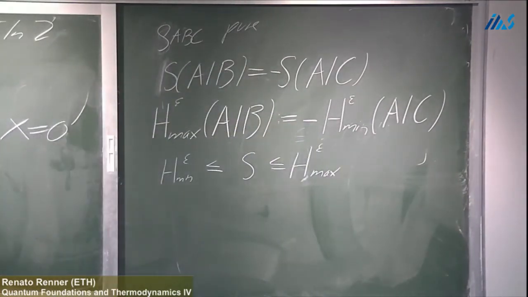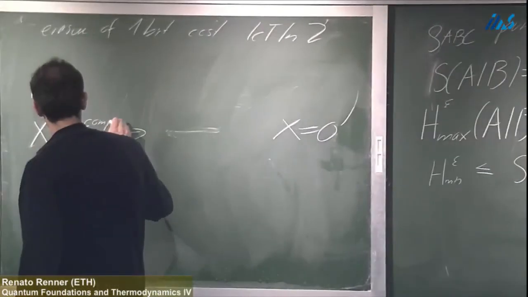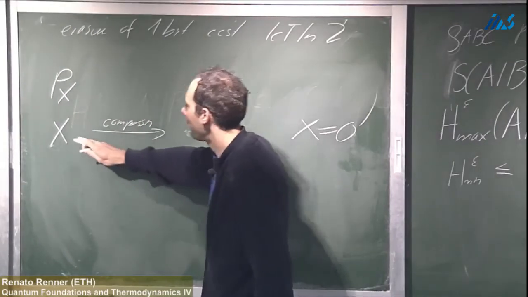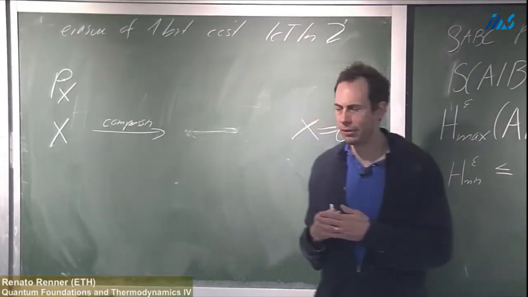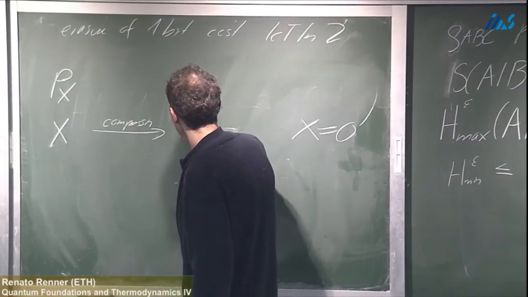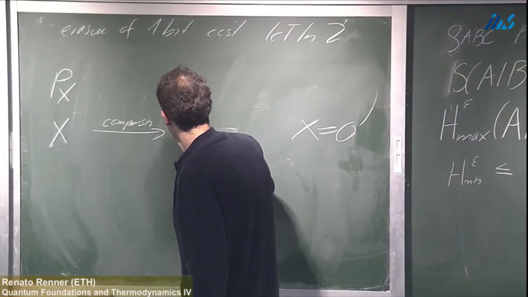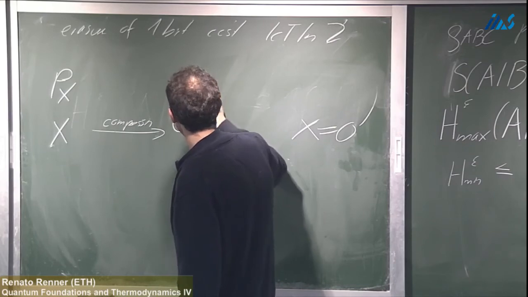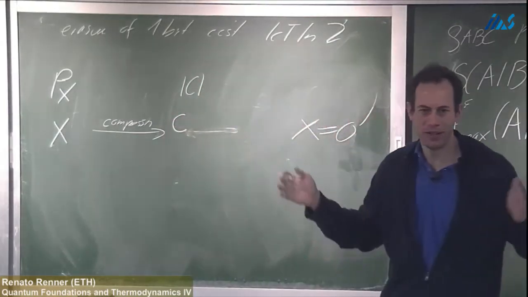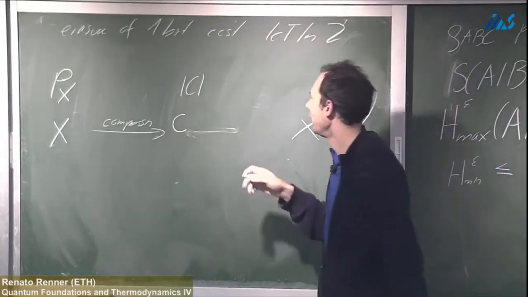What we could do is to do what people call data compression. Whenever you have a classical random variable x, you will find that you can compress x into some smaller value, some code word c, where c is usually smaller than the number of bits of x. So you can compress a huge movie onto a small DVD.